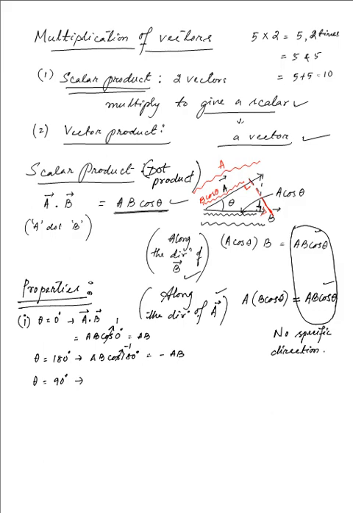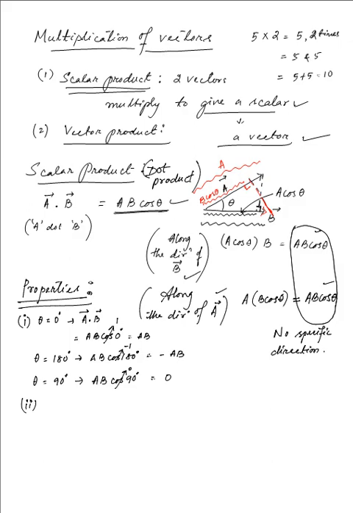So AB cosine of 90 degrees goes to 0, so this entire thing goes to 0. So these are certain specific values that you can have.